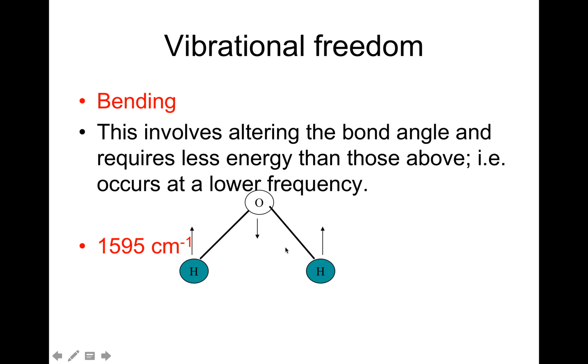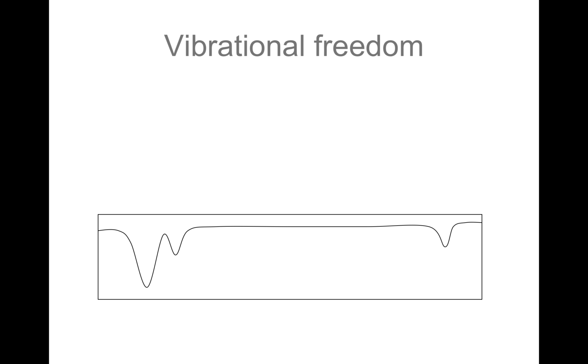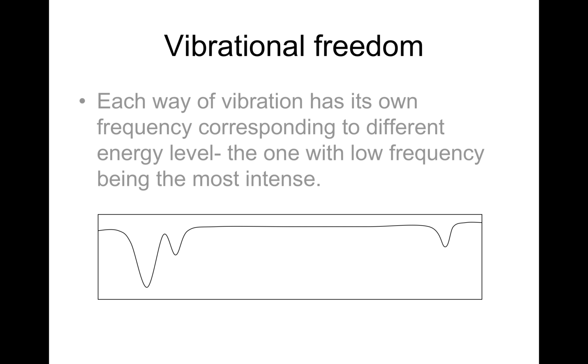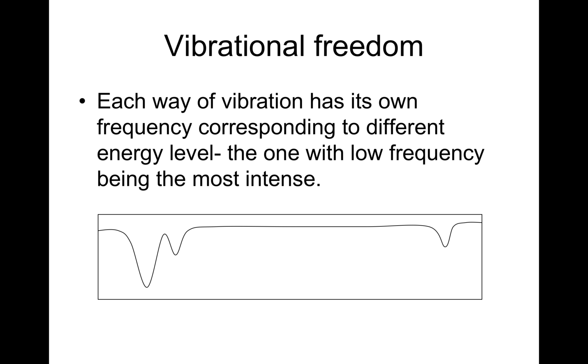And this one absorbs at 1,595 per centimeter. Each way of vibration has its own frequency corresponding to a different energy level, the one with low frequency being the most intense. So for water, we have that, and this one.